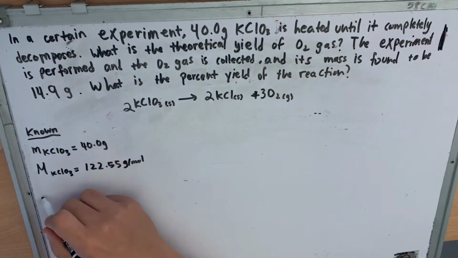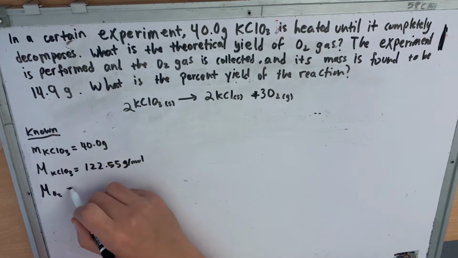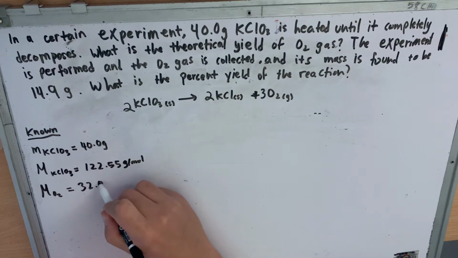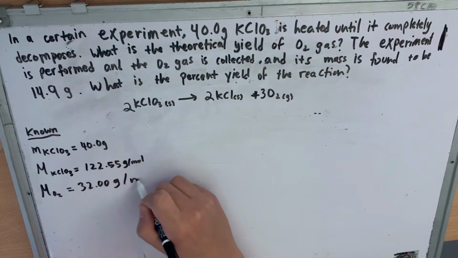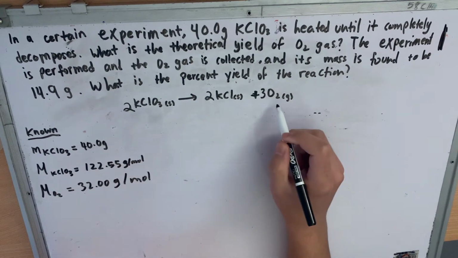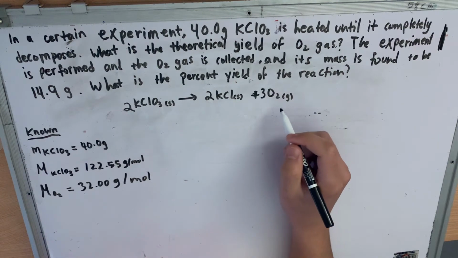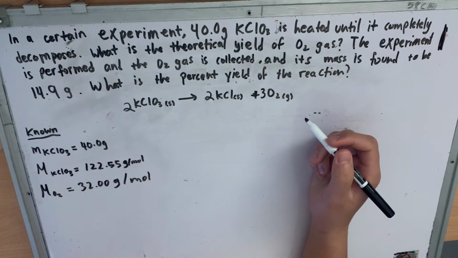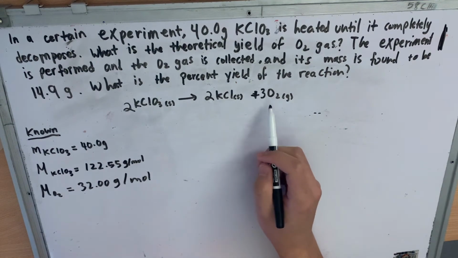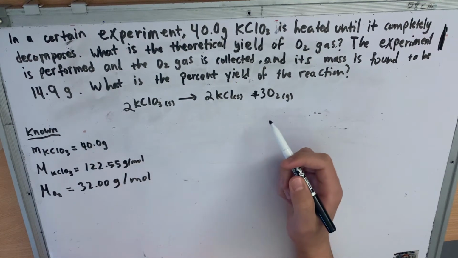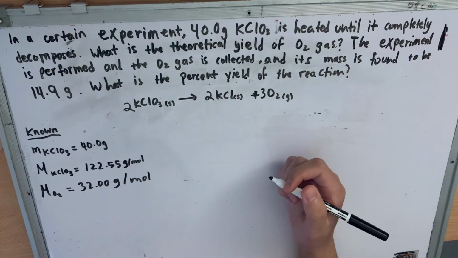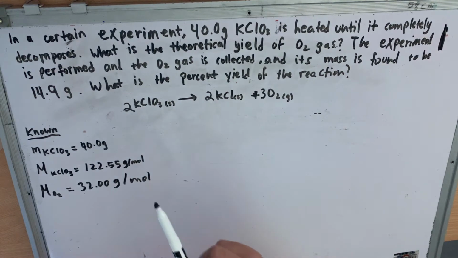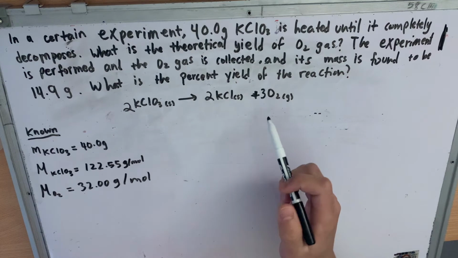And we have the molar mass of oxygen as well, which is 32.00 grams per mole. And remember, it's two oxygen atoms and not simply one. Now we have to calculate the theoretical yield of oxygen and apply stoichiometry to convert from the mass of the reactant to the mass of the product.